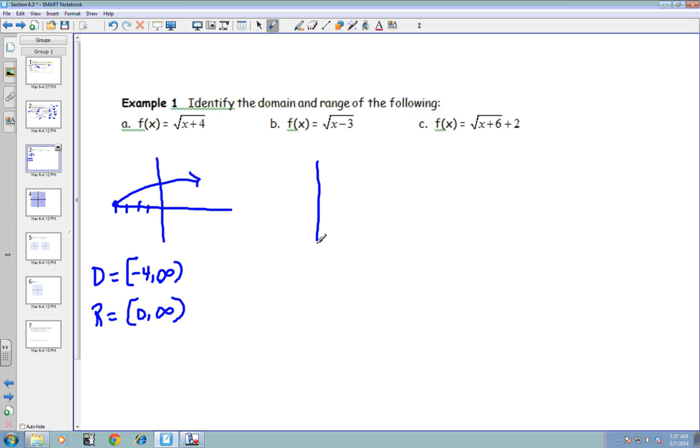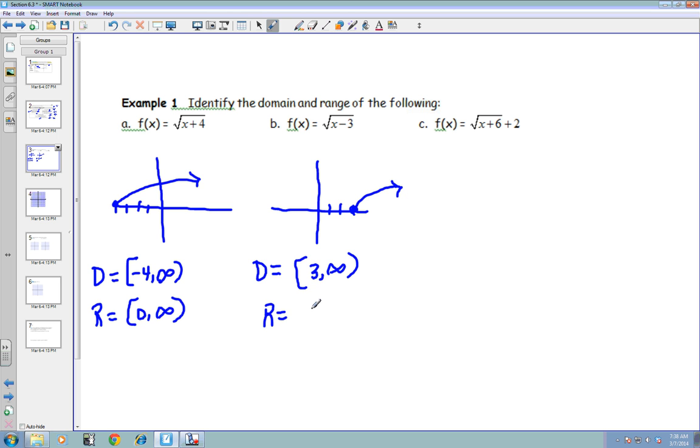Now this one, how is this going to be shifted? Since the 3 is underneath the square root sign, it's going to be shifted to the right 3 units. That's what that graph would look like. So now my domain starts at 3 and goes to infinity.